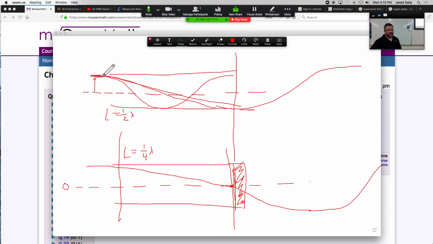But I could also fit this one in, it goes like this, because it has to start or end, top or bottom, because it has to be at the extreme ends. And this one has to start at the extreme and end at 0 every time. So I could get this wave in there too, which is 3/4 of the wave. Or I could get this one in, which is 5/4 of the wave. And they show you this in the book, but they show it to you a little bit differently. But it's still the same idea. And so then you have the two formulas for each of those.